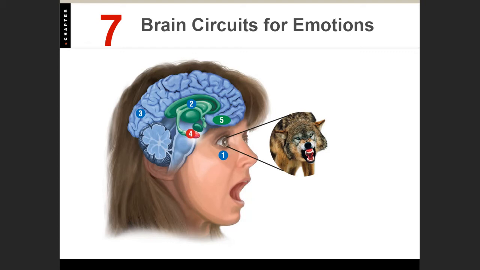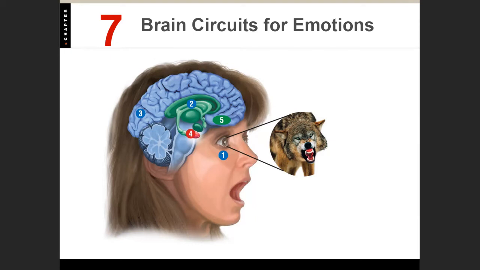If it's a scary situation, or a situation where we need to survive, the brain will actually skip the part of the cerebral cortex that is responsible for interpretation.